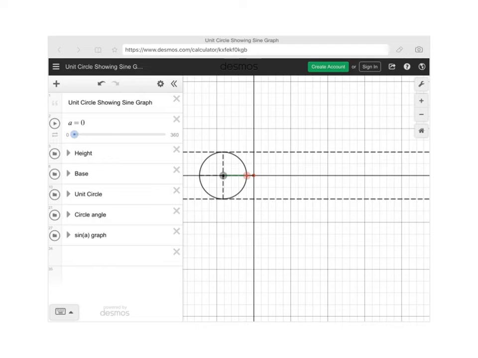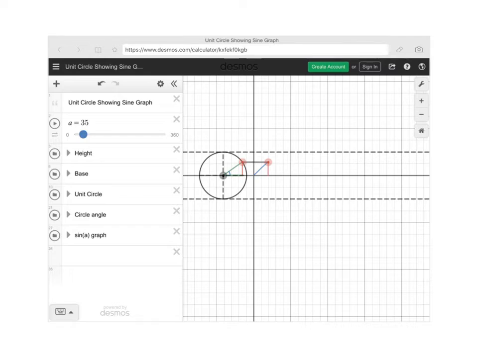So what we're going to see on the screen is an animation of us rotating around our terminal arm. So you'll notice that as we move, what we are measuring is the length of the red line. It is the length of the opposite side of every one of those special triangles.